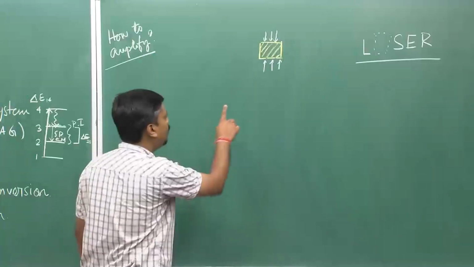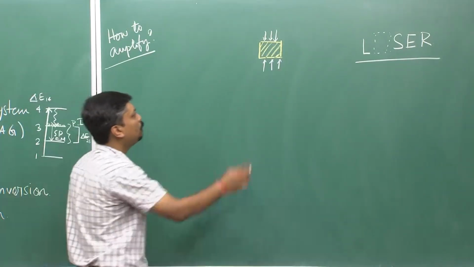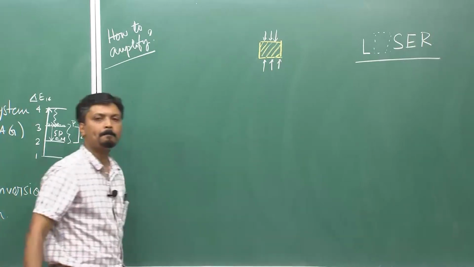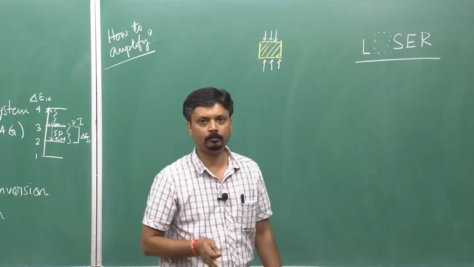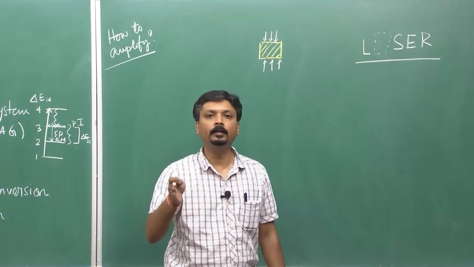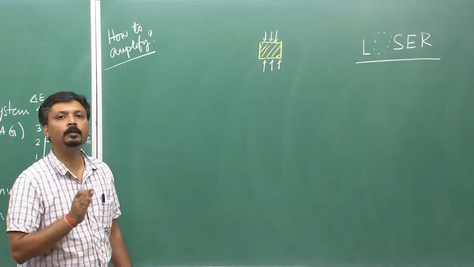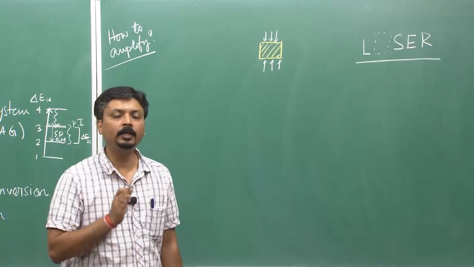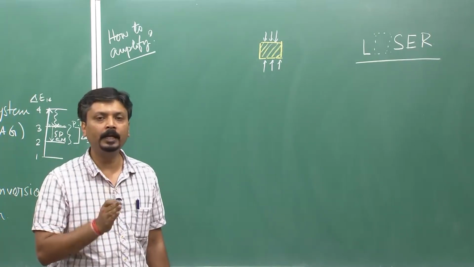In order to get the amplification, what we need is to put this system within a resonator, to be precise, within a resonator cavity. So, what is that resonator cavity that we are going to deal with? We are going to create a resonator cavity by placing two mirrors.